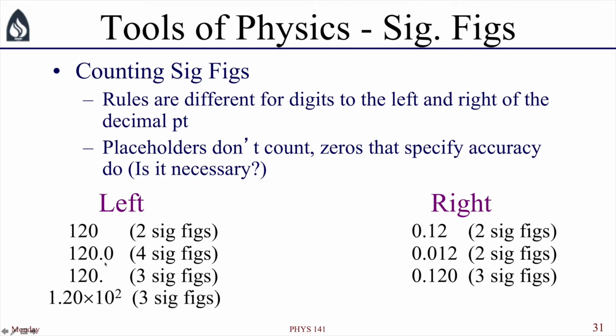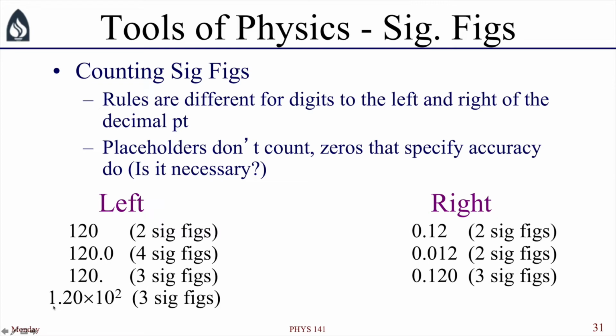Now, if you have 120 and you want to specify that the 0 in the ones place is significant, then the way you would do that is by putting a decimal point after the 0 so that you have 3 significant figures. Although by far the clearest way of specifying significant digits is to use scientific notation.